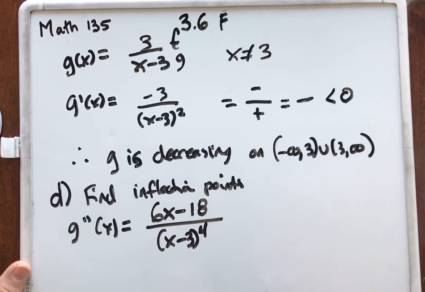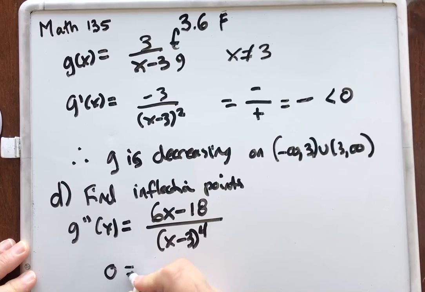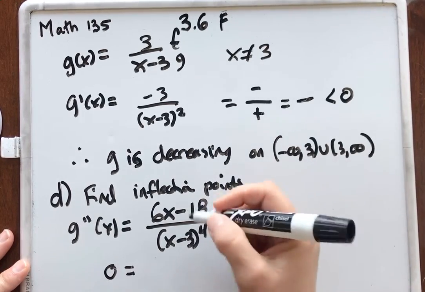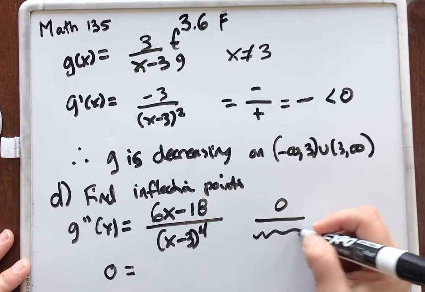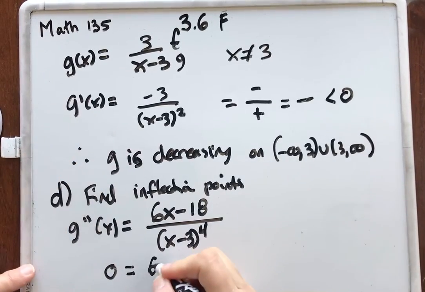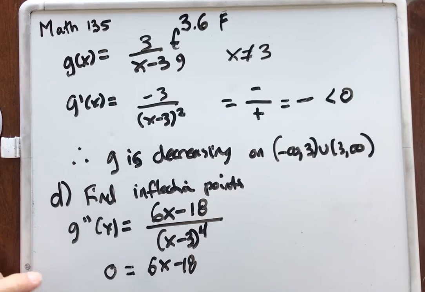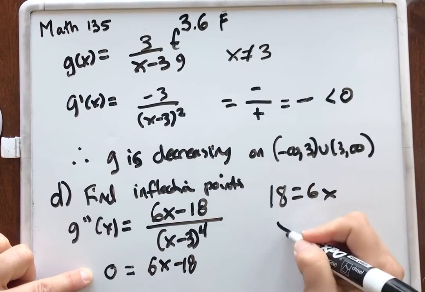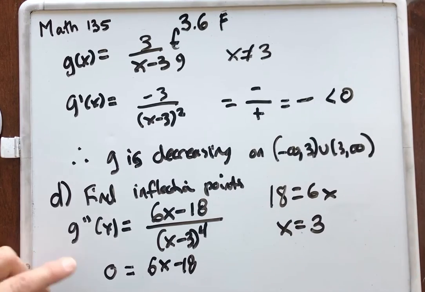Okay? Now we set that equal to 0. When we set that equal to 0, we always set the numerator equal to 0, because for this to be 0, the numerator would have to be 0. It doesn't matter what's in the denominator, right? So setting that equal to 0, we bring the 18 on the other side, and x is going to equal 3.